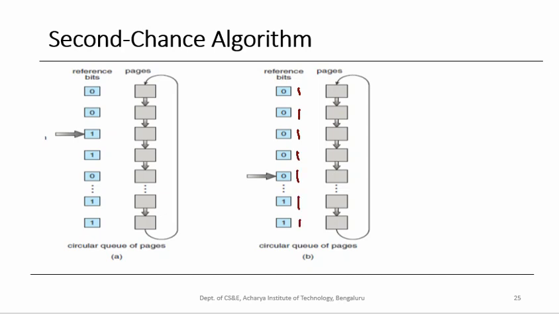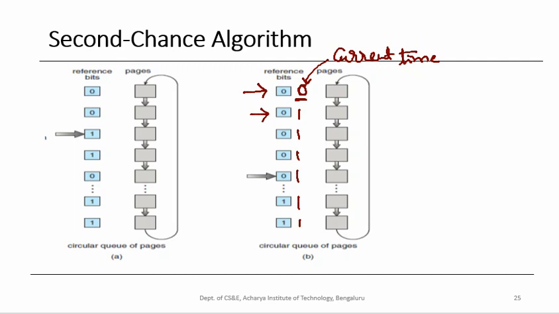In that case, if we start the search process from here, we see that the reference bit value of this page is 1, so we give it a second chance and make this 0 and attach the current time with this page and go to the next entry.